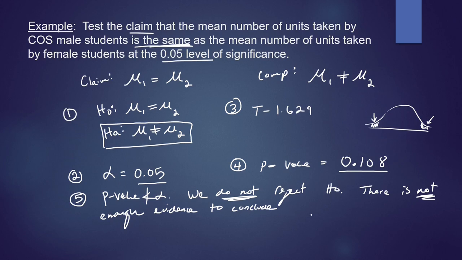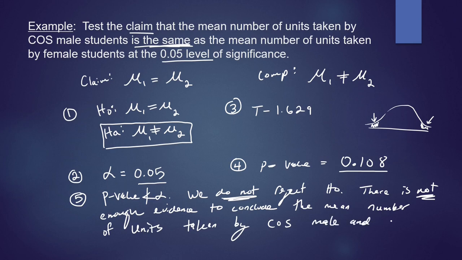So we're going to state there is not enough evidence to conclude the mean number of units taken by COS male and female students is not the same. Since the p-value is not less than alpha, we do not reject the null hypothesis. There is not enough evidence to conclude the mean number of units taken by COS male and female students is not the same.